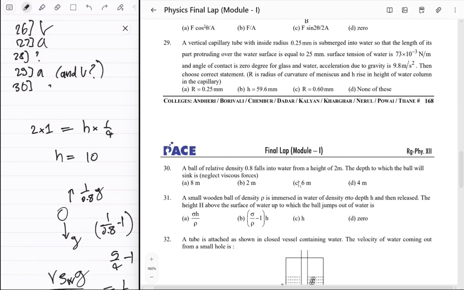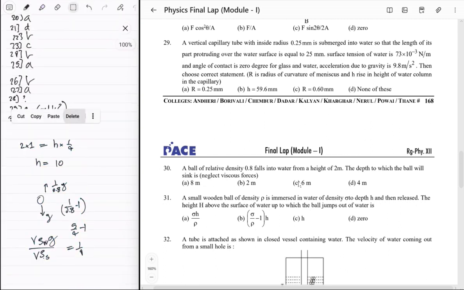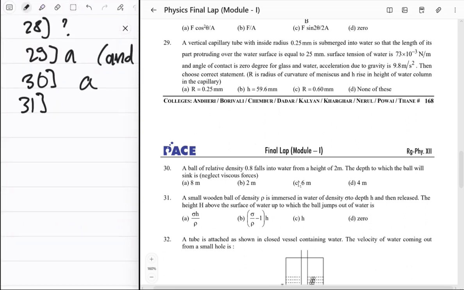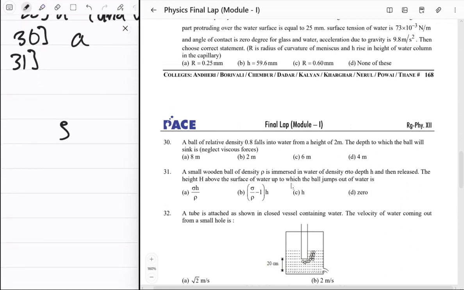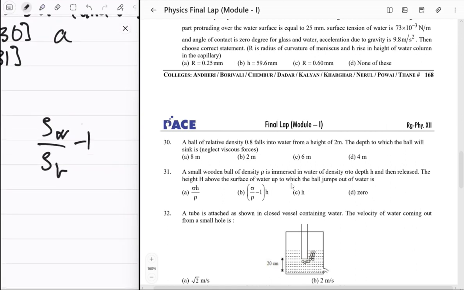Next question, next, 31. A small wooden ball of density rho is immersed in water of density sigma up to depth h and then released. Once again the same stuff. So the upward force, that's just density of the water upon density of the ball minus 1 times g, ये इसका upward acceleration रहने वाला है.